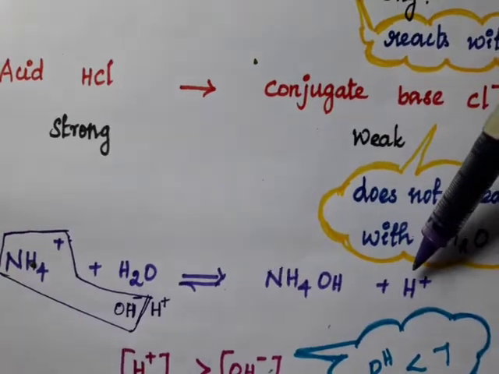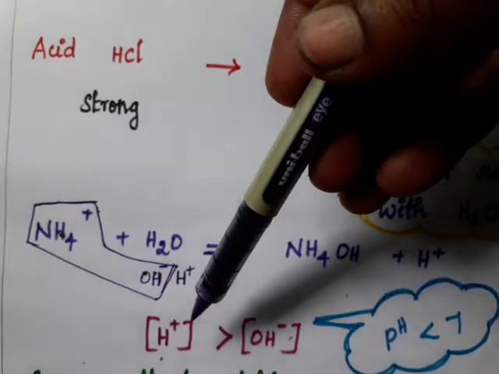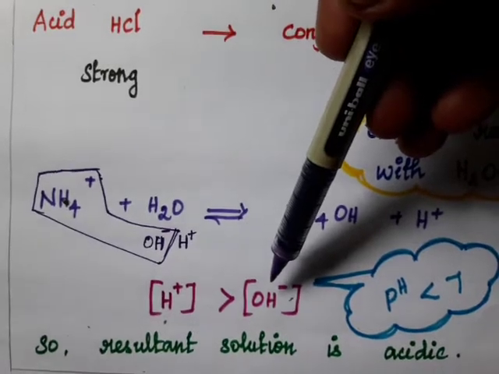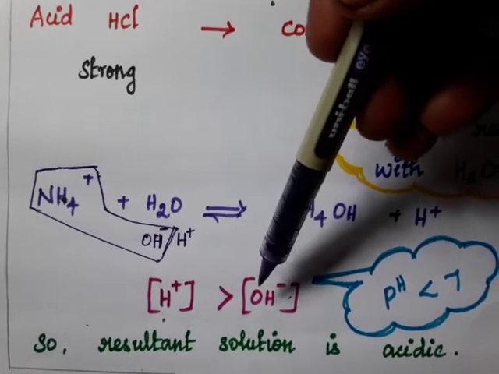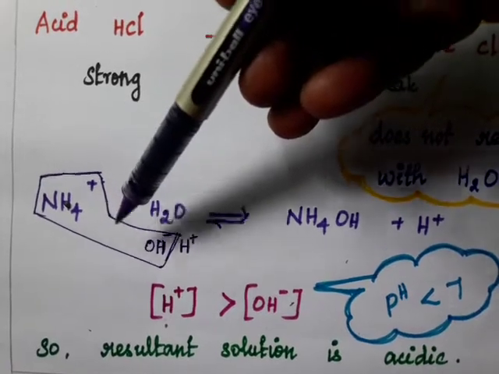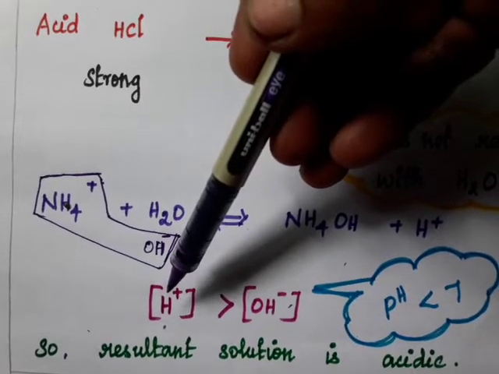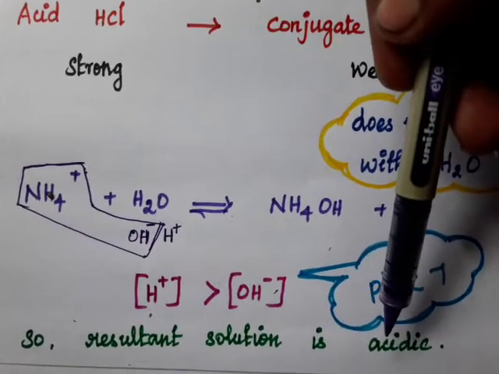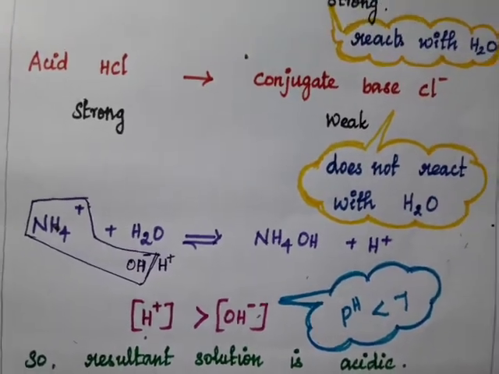So the resultant solution contains H plus ions, which means the concentration of H plus ion will be greater than the concentration of OH minus ion, because all the OH minus ion has been taken by the ammonium ion NH4 plus. If the H plus ion concentration is more, then the resultant solution is acidic in nature. If it is acidic in nature, the pH must be less than 7.